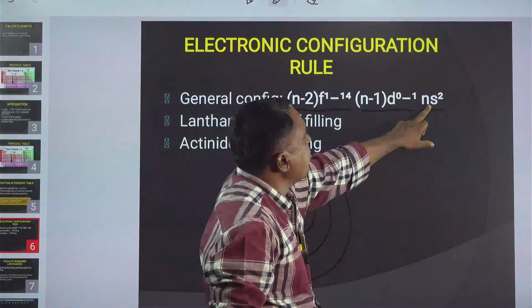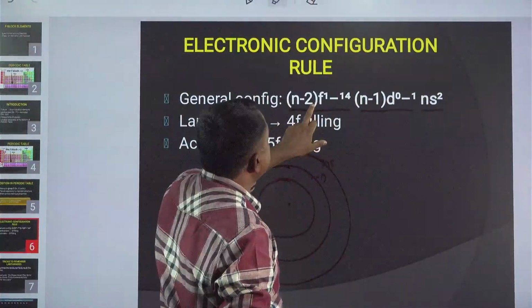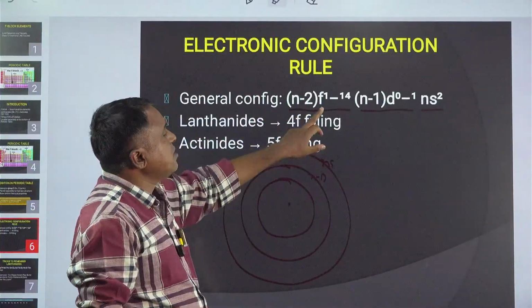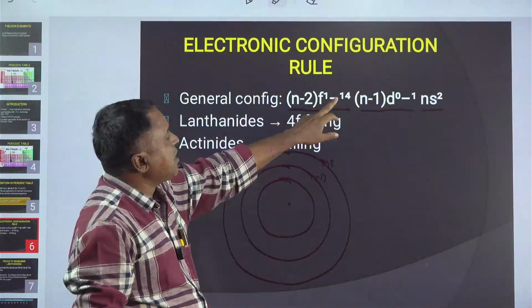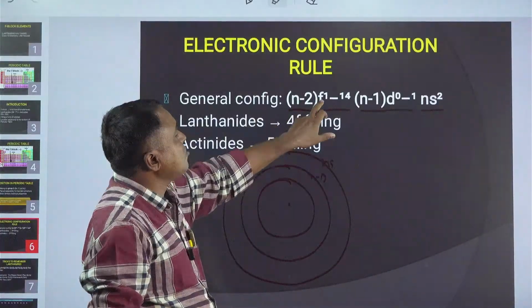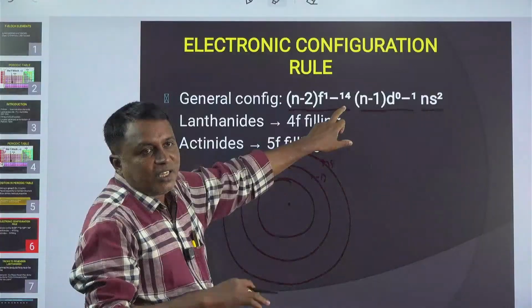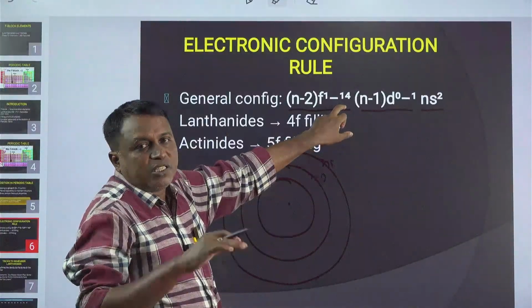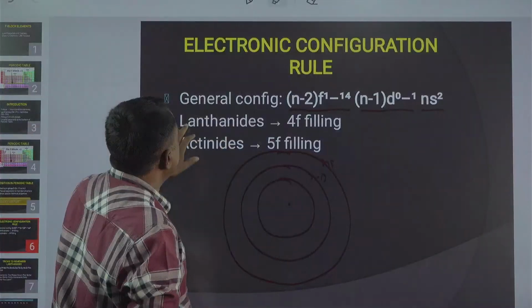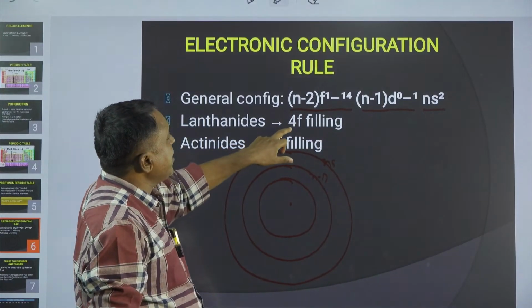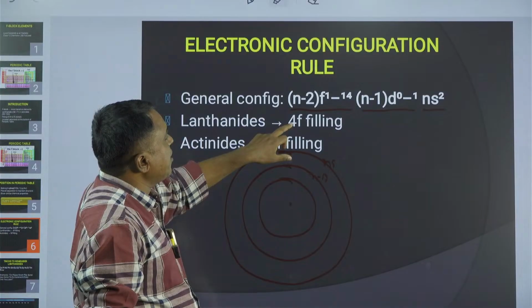That's why there are totally 14 elements in each series, placed at the bottom of the periodic table. So in the case of lanthanides, which group and which period do they belong to? Sixth period.